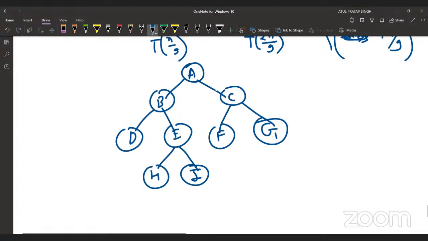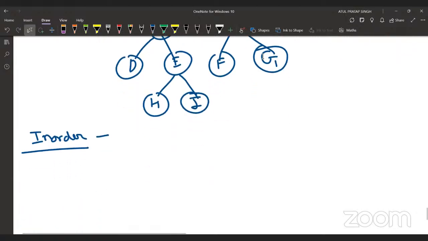So for in-order traversal, the way to traverse each node is that first we visit the left node.